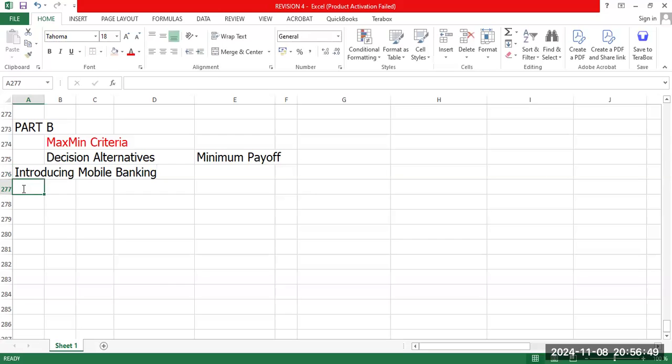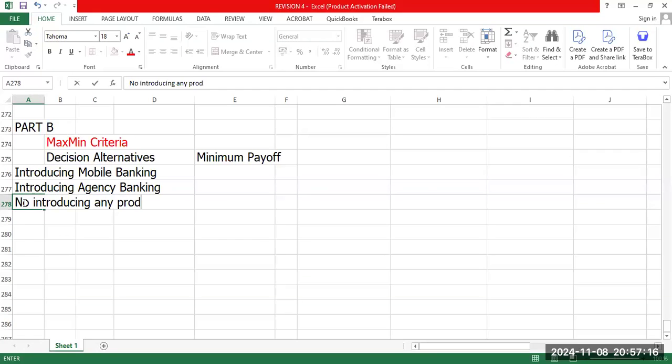Then next is introducing agency banking. Then lastly, the last option, not introducing any product.